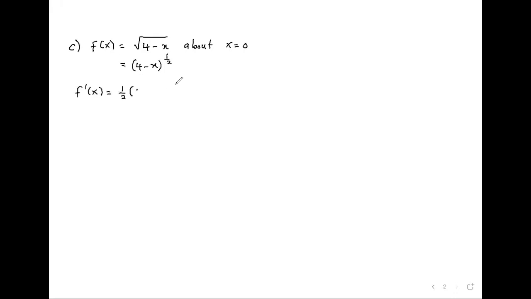You get half 4 minus x to the minus half. Chain rule, you differentiate the inside of the brackets. So 4 minus x, the derivative is -1. So we'll have -1 over 2, the root of 4 minus x.